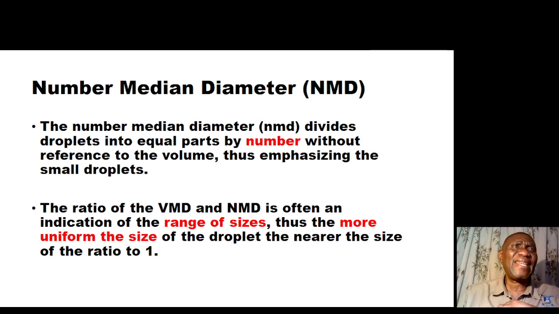Now we have a ratio of VMD and NMD, which is often an indication of the range of sizes. Thus, the more uniform the size of the droplet, the nearer the ratio is to 1.